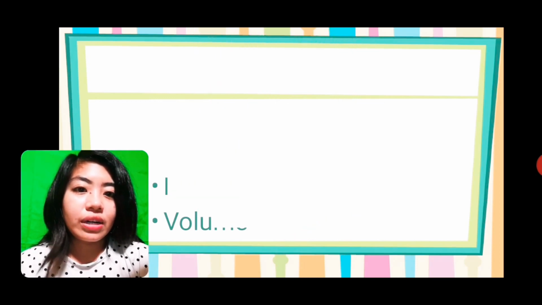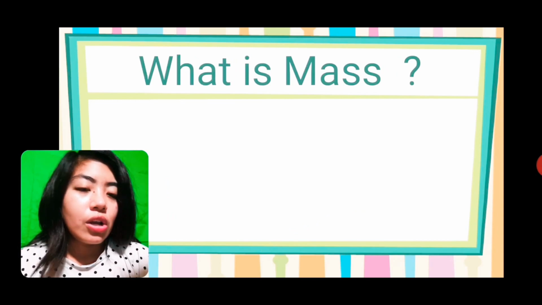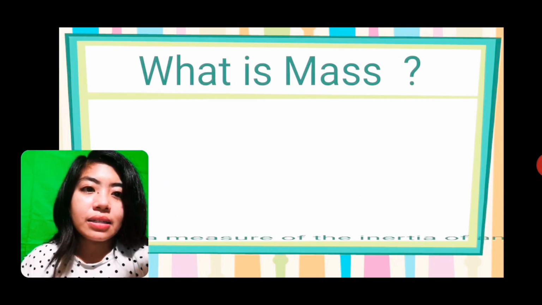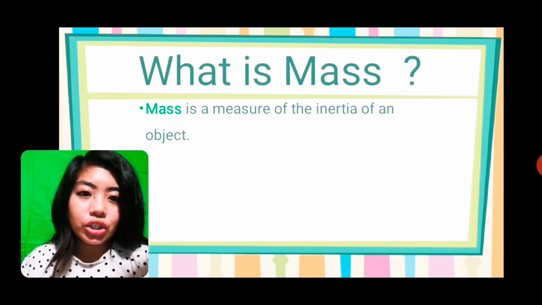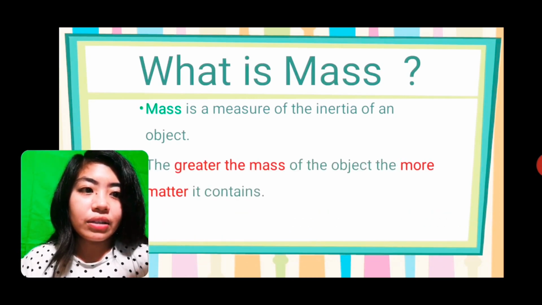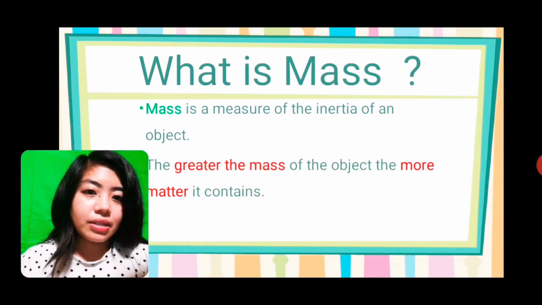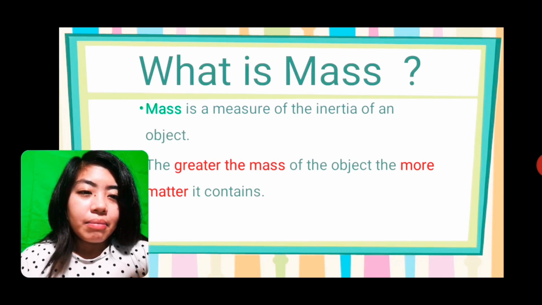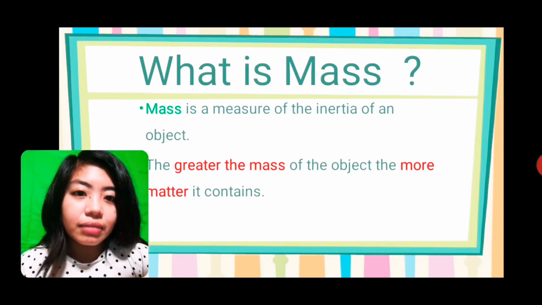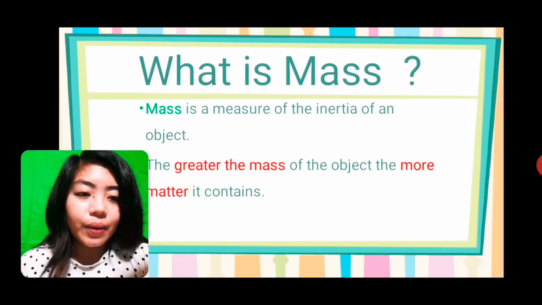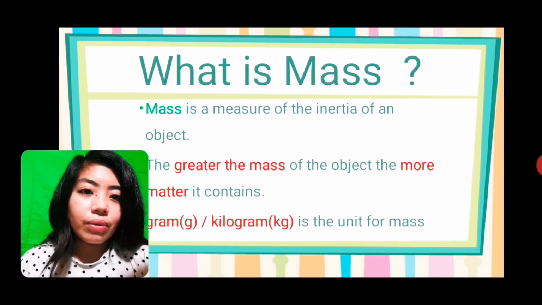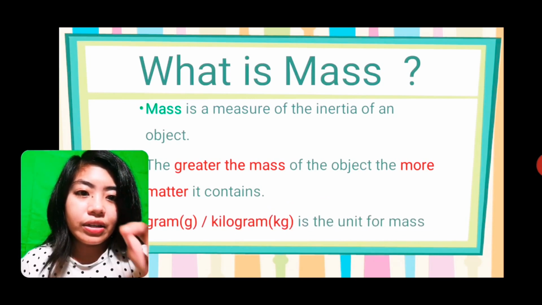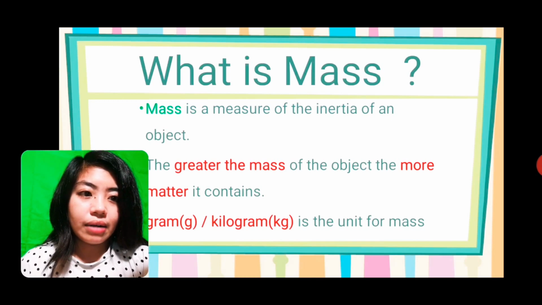So, what's the difference between those four? So, pag sinabi natin na mass, so, measure of inertia of an object. So, greater the mass, the more the matter. Mas madaming mass or mas mabigat, mas maraming matter na present. So, ang unit of measurement natin dito is grams or kilograms.